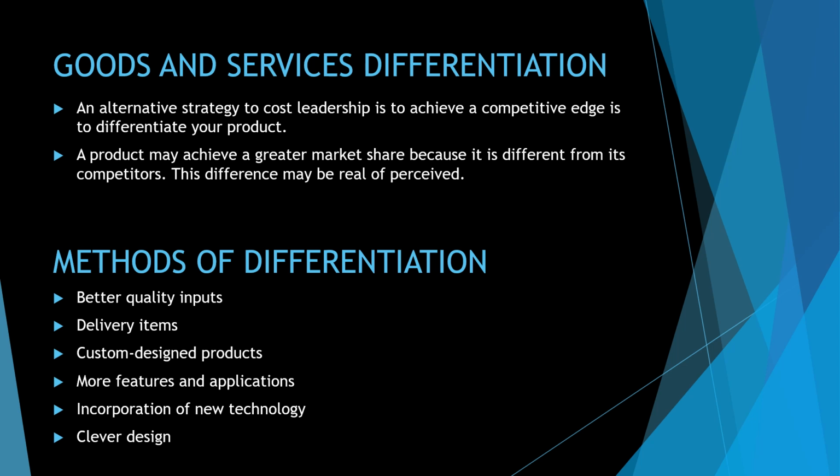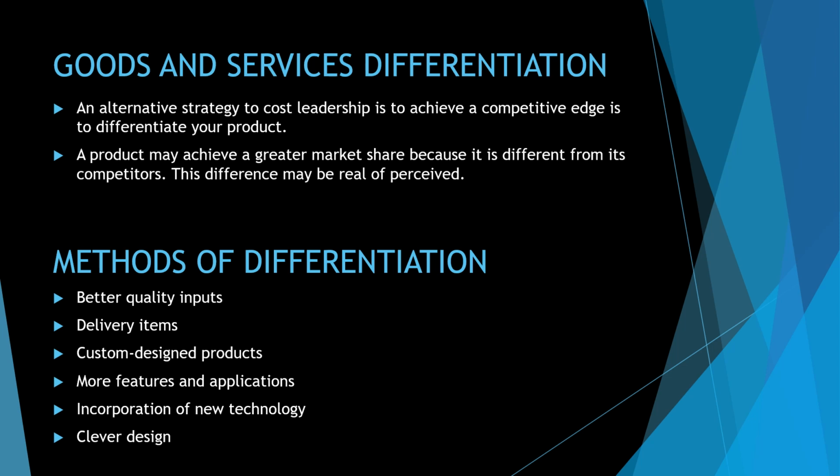You could try and use delivery items, so you could offer free shipping or wrap it in a nice package. You could try custom designed products, so if someone wants a drink bottle color that isn't a standard option because it just hasn't been manufactured, you could offer it and try and gain an advantage that way. My case studies and examples are bad, I'm sorry.